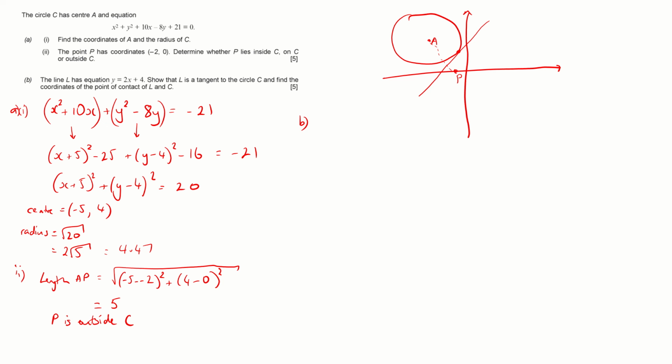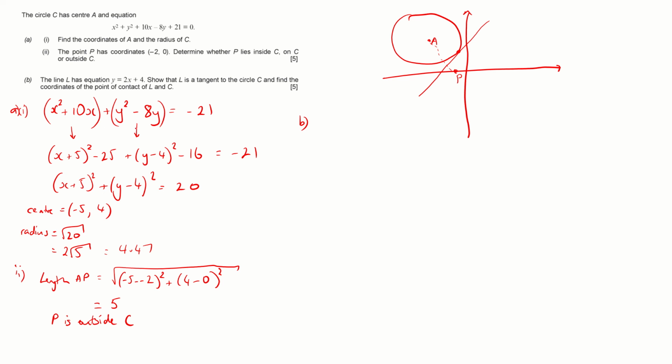If it's a tangent, there will only be one coordinate of intersection. So that is enough to prove that it is a tangent. That's my method I'm going to do. You could go down a similar route with the discriminant, I assume, but I'm going to go for that one there.